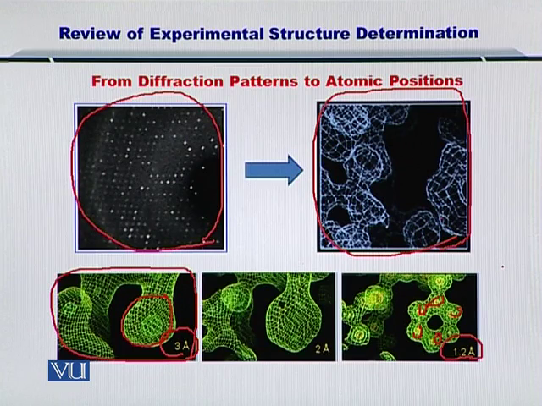So in order for you to understand the atomic positions properly, you need to have a good resolution, and more so, once you have obtained the atomic positions, then you can measure the distance between various atoms and then talk about their interactions as well.